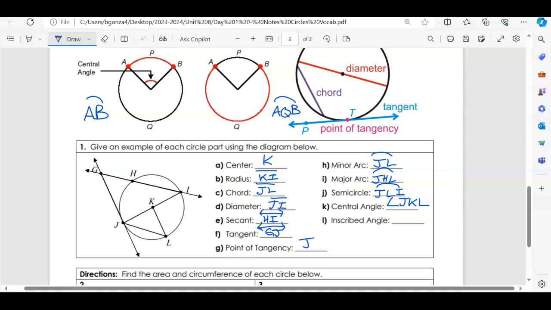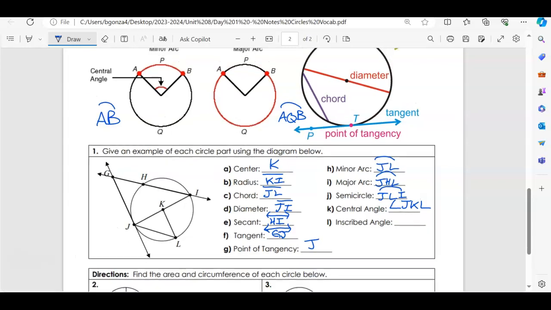So let's go with J. If I'm going to make J an inscribed angle, I have to use I to J to L. I said that wrong, my bad. If I go IJL, that middle letter is going to be on the edge, and that's what I need. IJL. Inscribed angle on the edge. Okay.